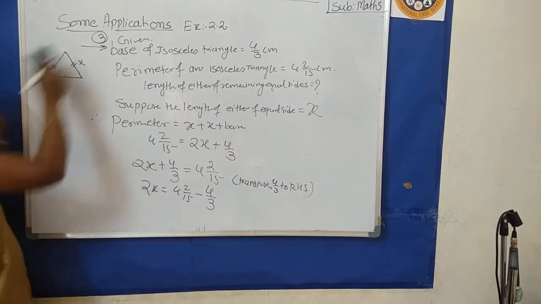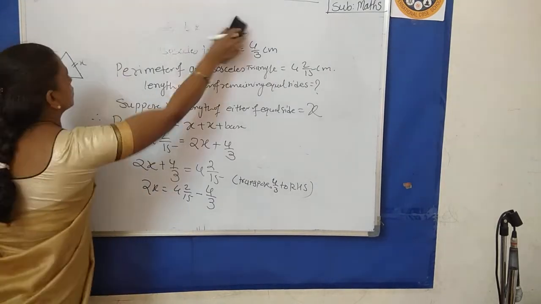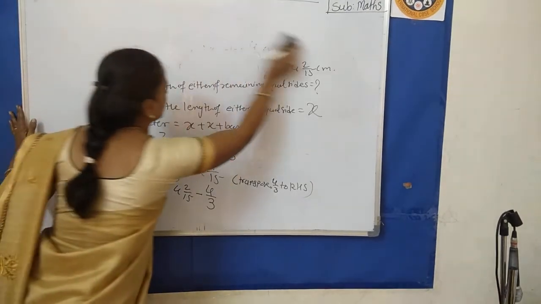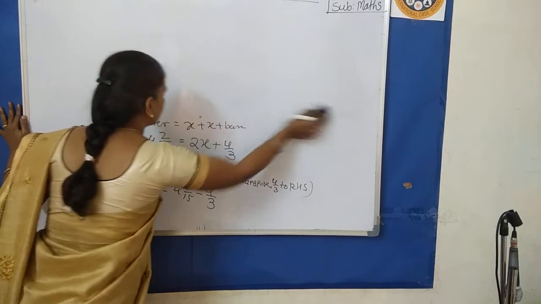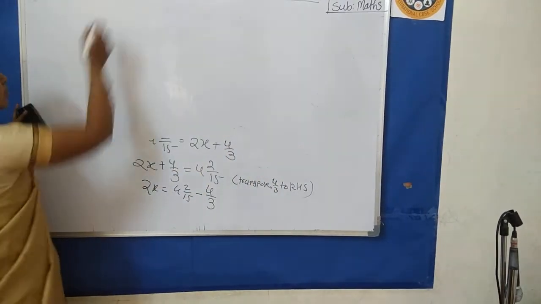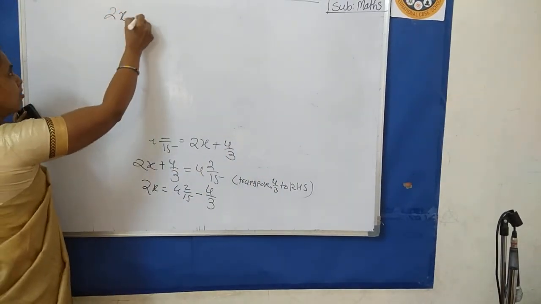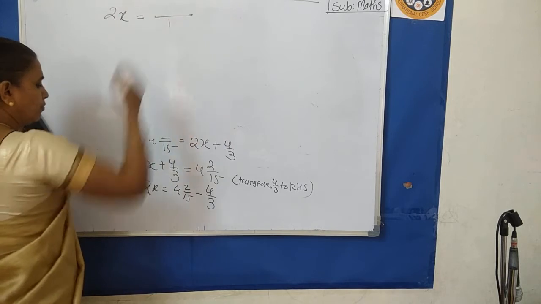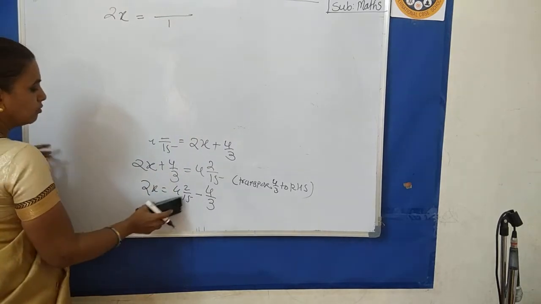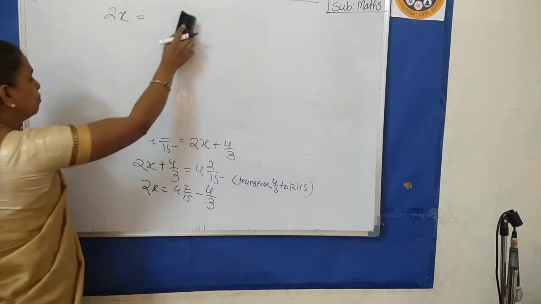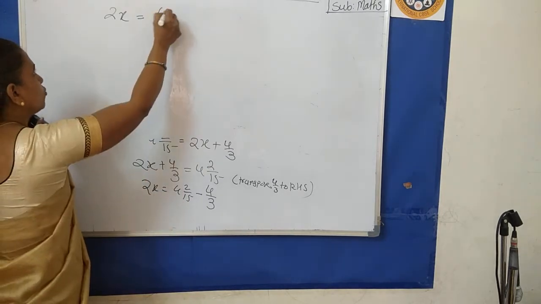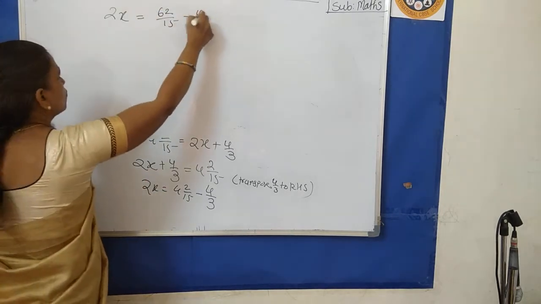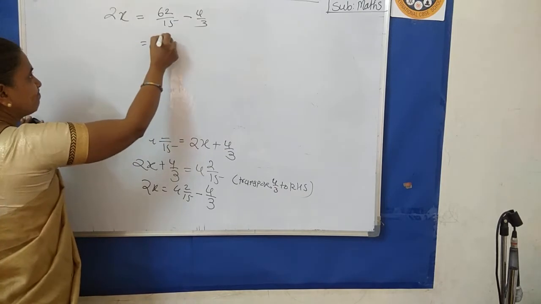See carefully. 2x is equal to, we should first convert this mixed fraction into an improper fraction. 15 fours are 60, 60 plus 2, 62 upon 15, minus 4 upon 3.